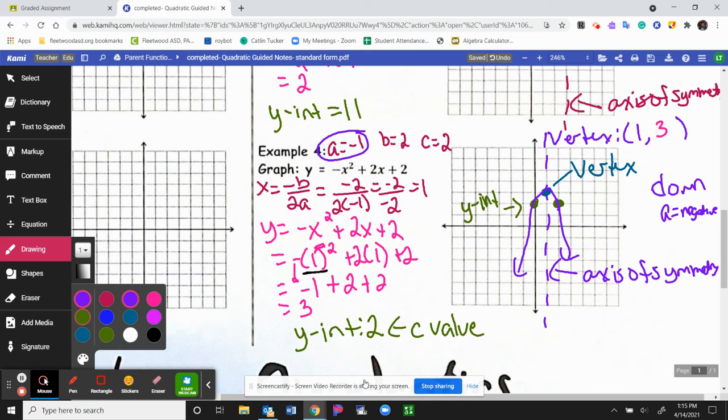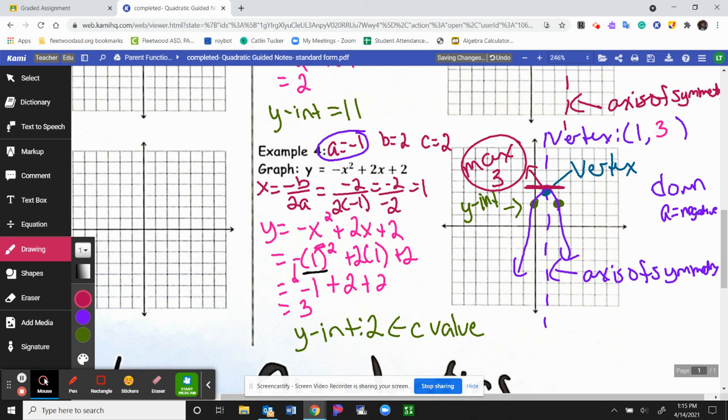We can also add to this that we are going to have a maximum here. Because we have that maximum, it's because the graph is turned upside down and our vertex is actually at the top. Our maximum value, the maximum height, is 3.